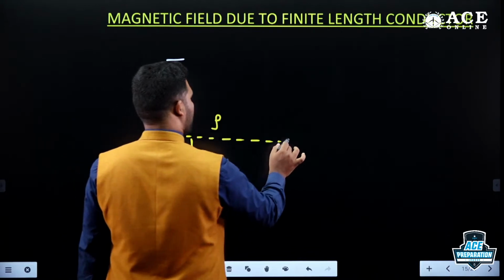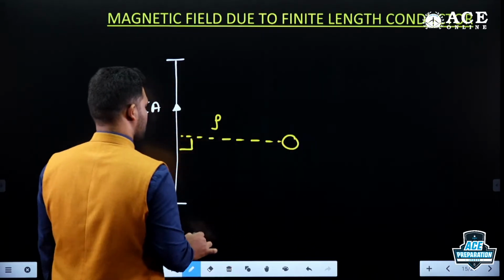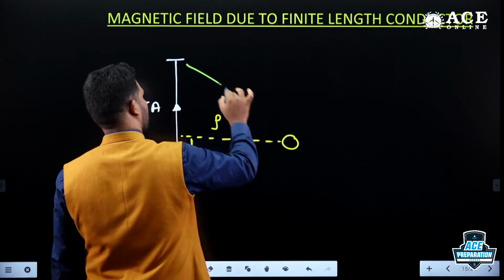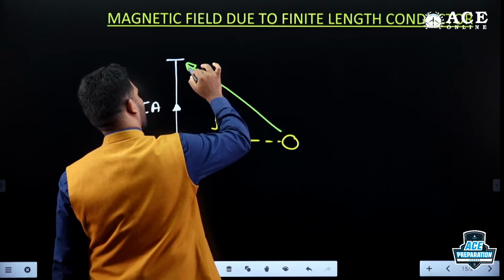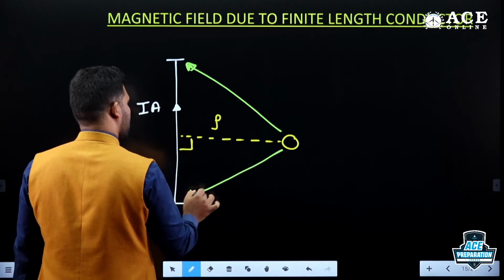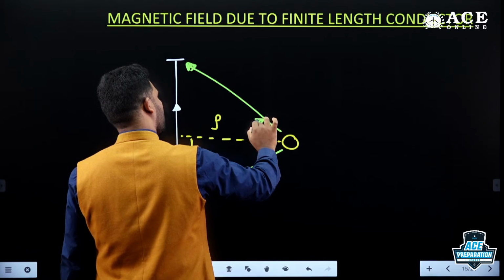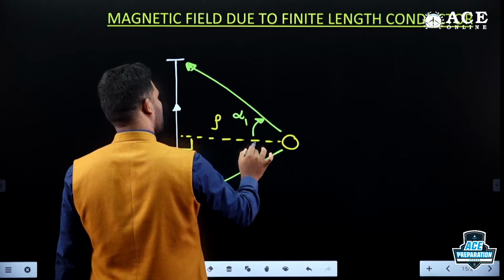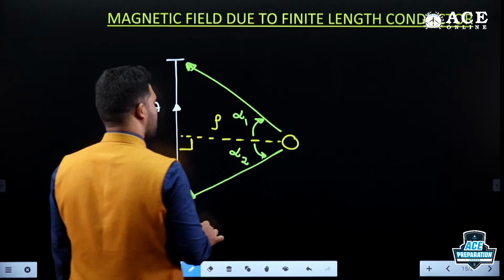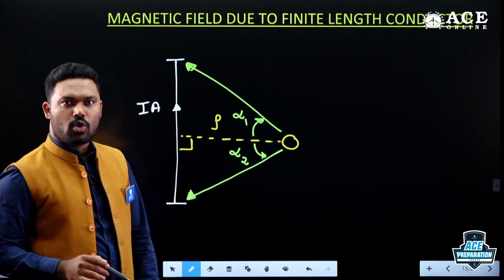I want to find the magnetic field here, and the angle made with respect to the corners. No analysis, nothing, you just need to remember the formula. This is alpha 1, this is alpha 2, and the perpendicular distance from here to here is rho.